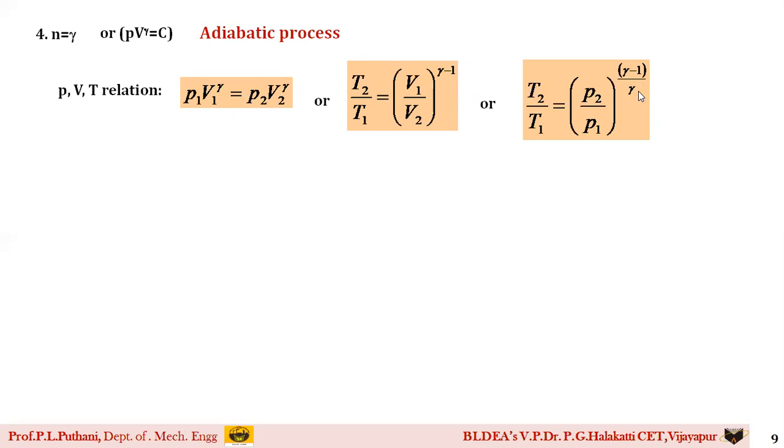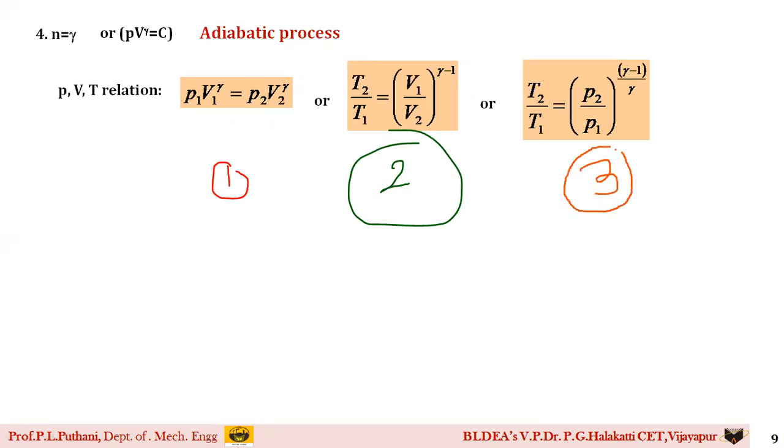So keep in mind, whenever you have an adiabatic process, you have 3 types of pressure, volume, temperature relations. Number 1, with respect to pressure and volume. Number 2, with respect to temperature and volume, and number 3, with respect to temperature and pressure.